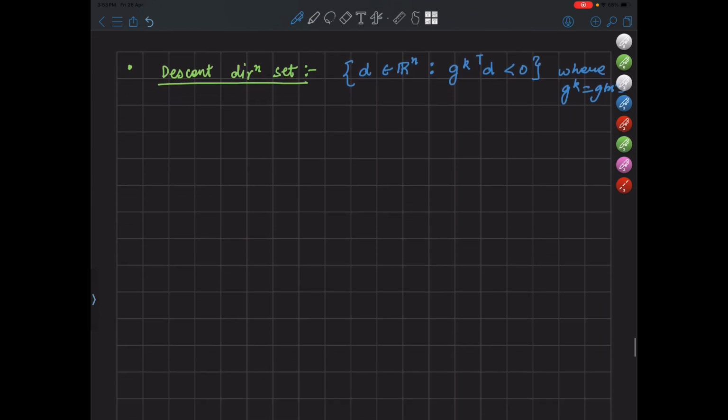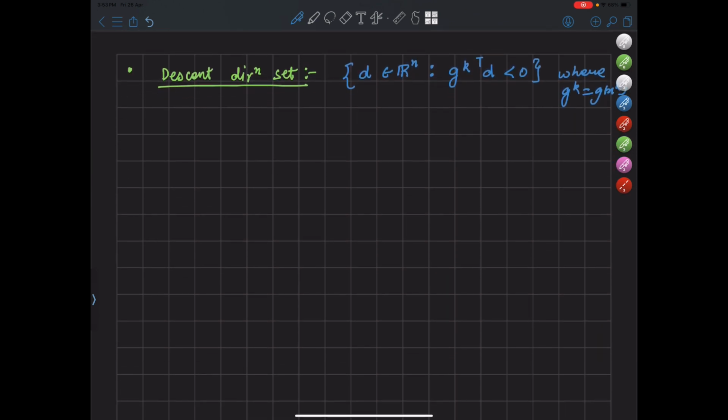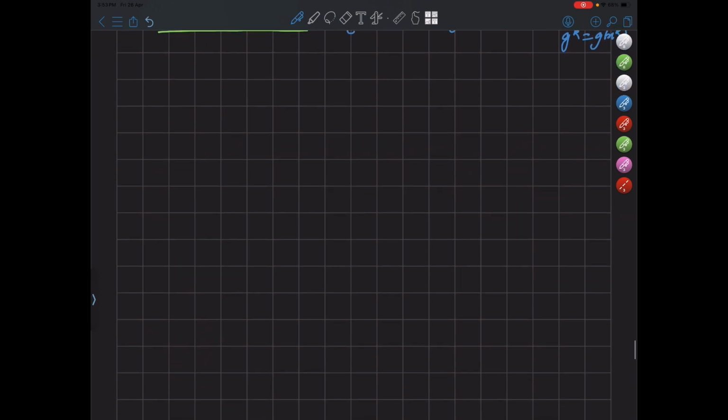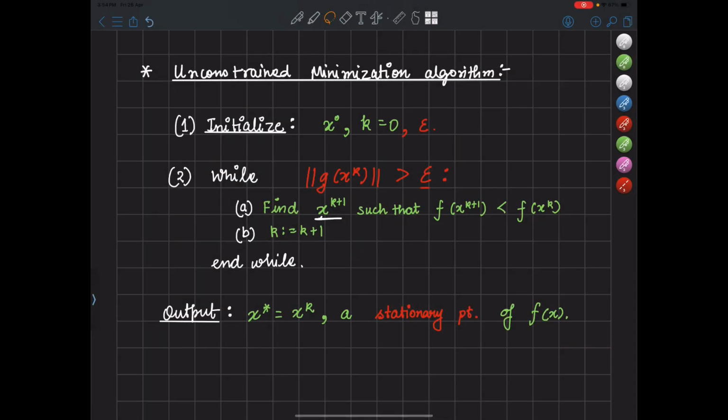Now that we have understood how to calculate xk plus 1 in step 2a, let's update our optimization algorithm again. Here is the algorithm that we updated last time. Now let us update it, since we know how to calculate xk plus 1. So we have to update this step.